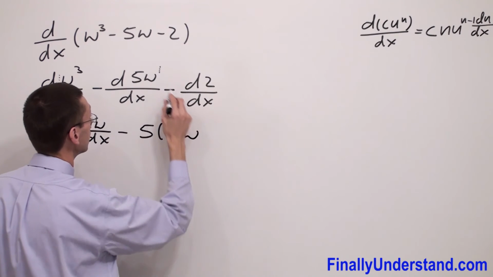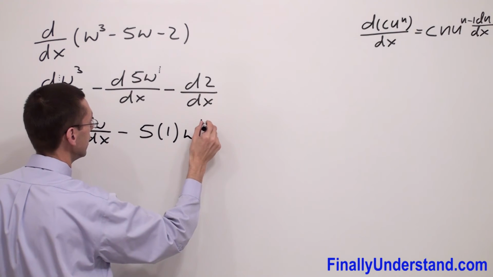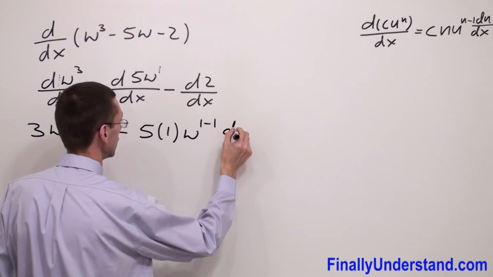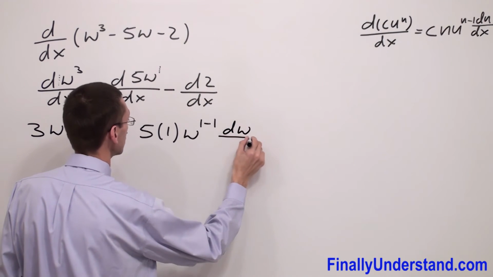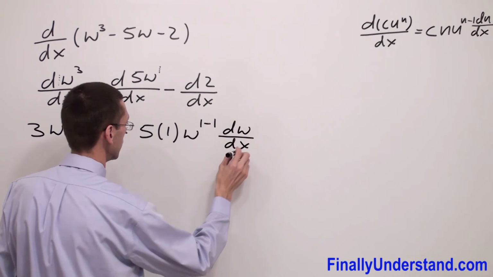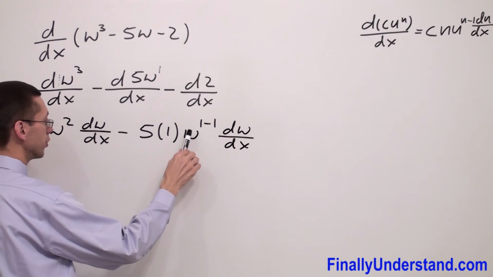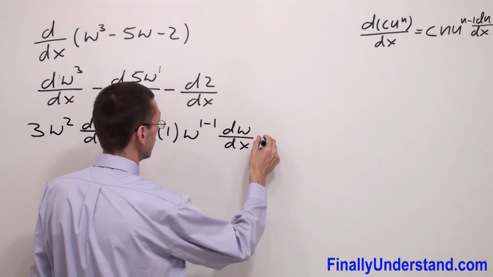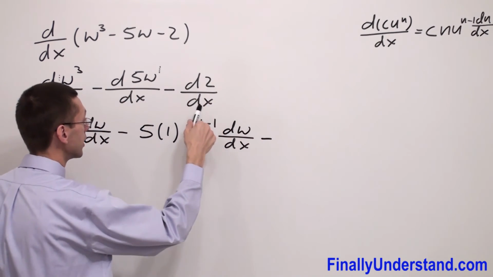So I have w, and I have exponent 1, I'm supposed to subtract 1, times the derivative of w with respect to x. Okay, because I'm taking the derivative of w with respect to x. Minus the derivative of a constant is equal to 0.